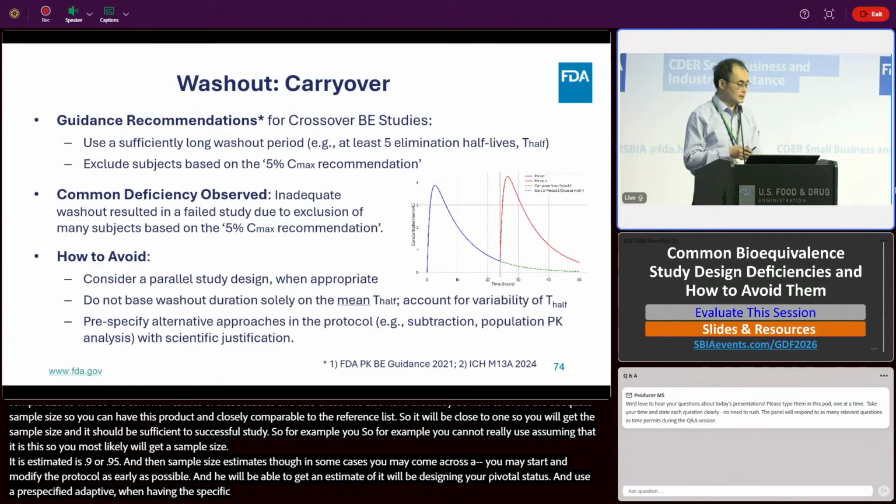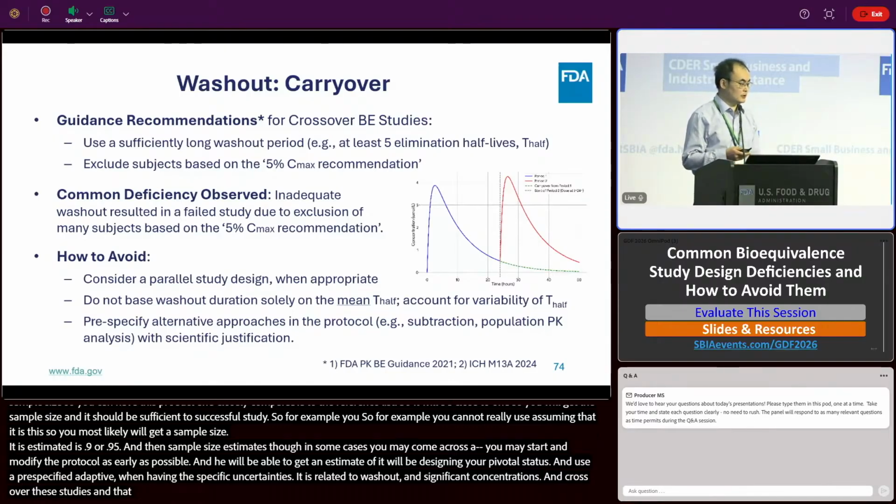The next case is related to inadequate washout, which leads to significant carryover concentrations. The guidance recommends for crossover BE studies using a sufficiently long washout period, such as at least 5 elimination half-lives.